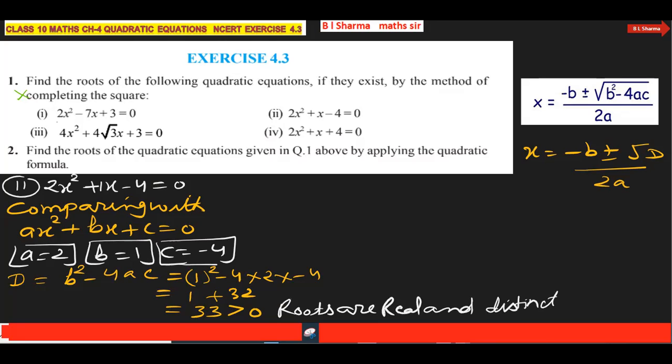Now, using the quadratic formula here, the value of x is given by minus b plus minus square root of D upon 2a.